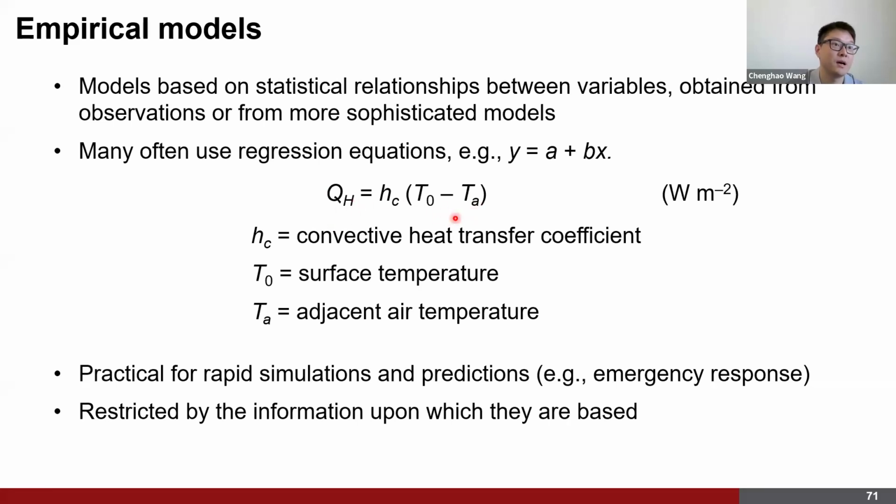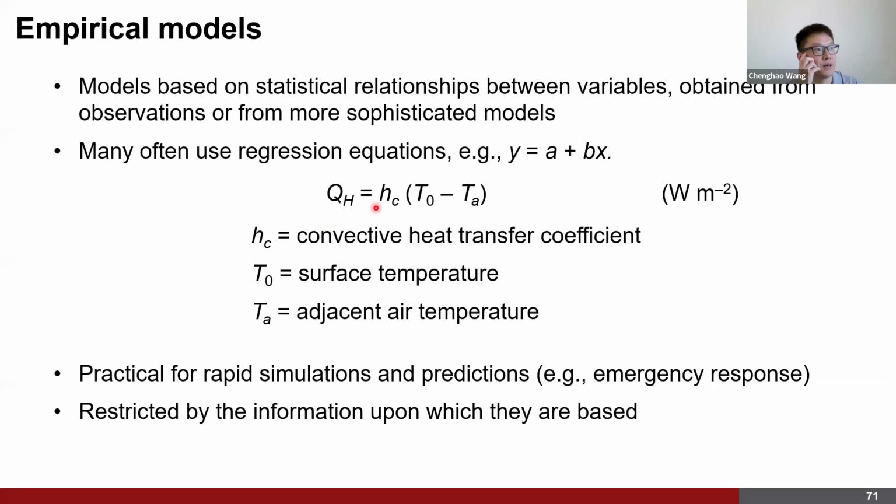So we are building a linear correlation between these two variables, and the coefficient within this regression equation is the so-called convective heat transfer coefficient. We can use this relationship to determine this HC term.